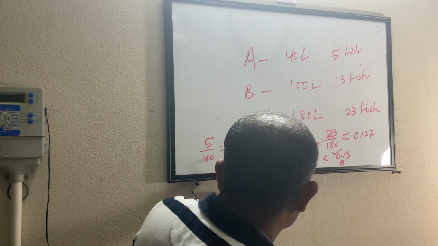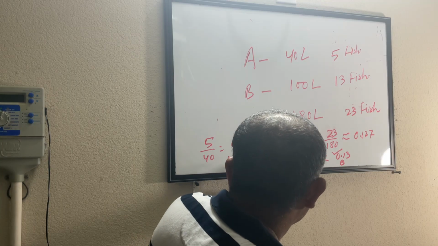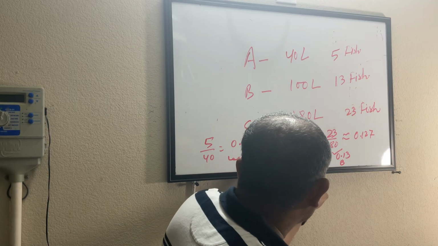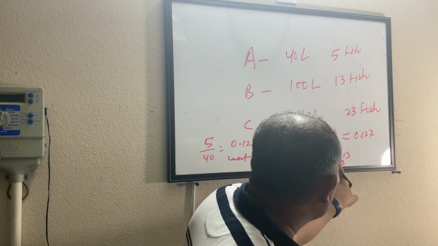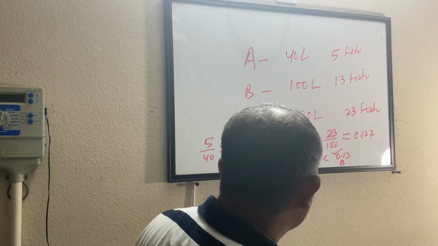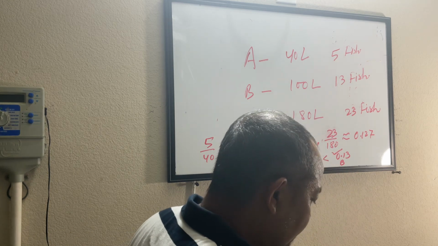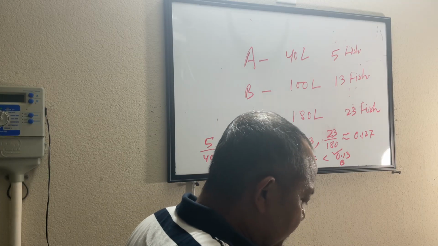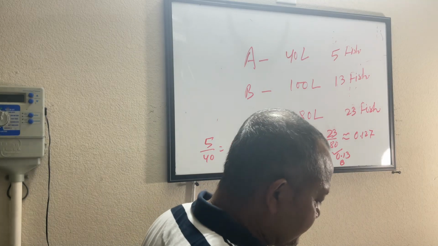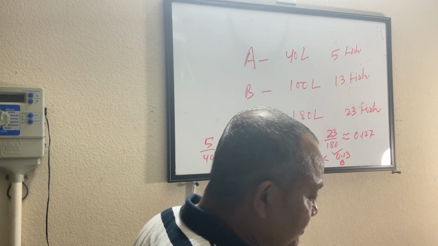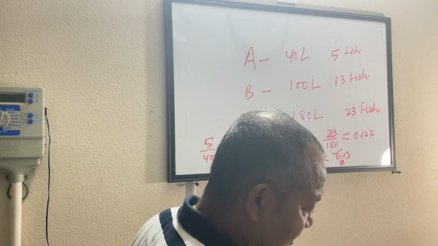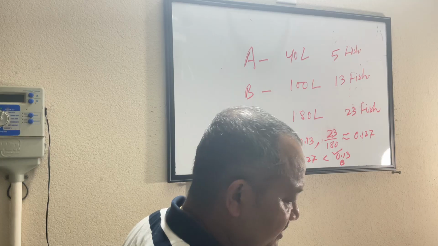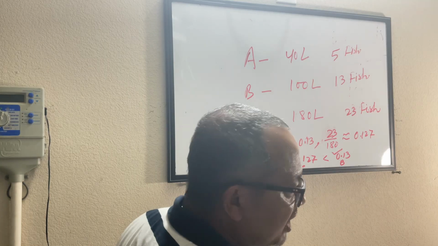And then she arranged 0.125, tank A, 0.127, tank C, is less than 0.13, tank B. And the idea was that she has to arrange from least to greatest in terms of volume per fish. Meaning per liter how many fish are there.